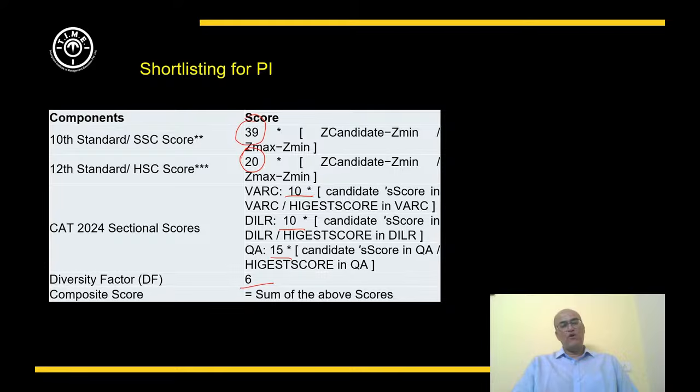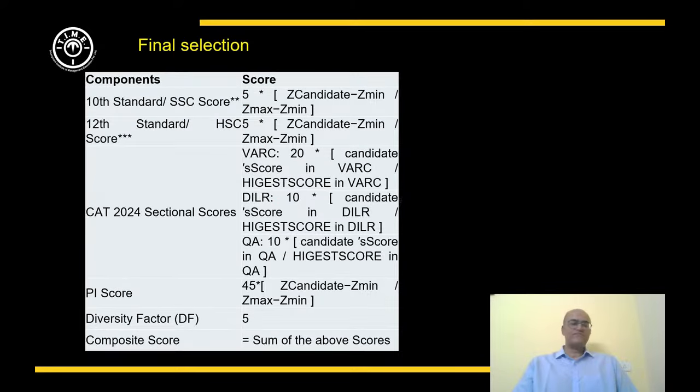This is how the shortlisting for PI happens. So in case of Indore, going by last year, the 10th and 12th performance plays a major role. And IIM Indore also normalizes the performance. It's not that they blindly look at your percentage of marks and give you marks. They will normalize based on your boards.